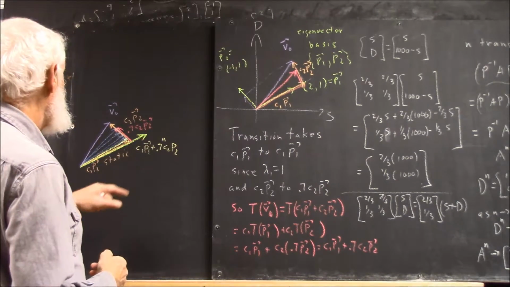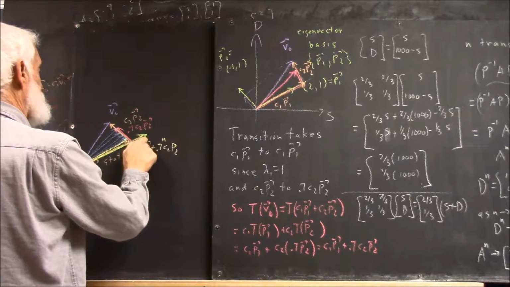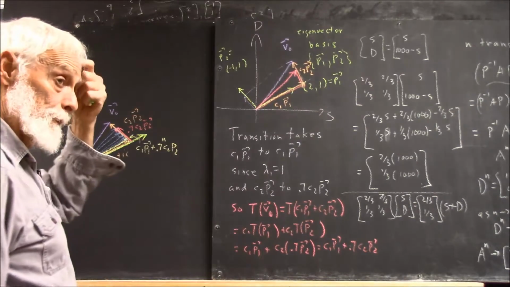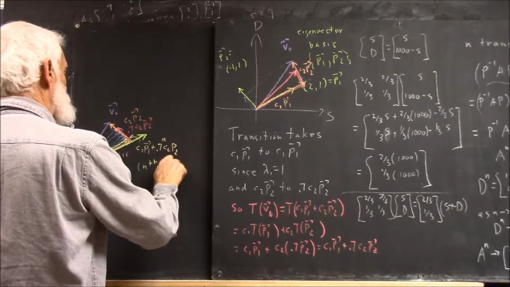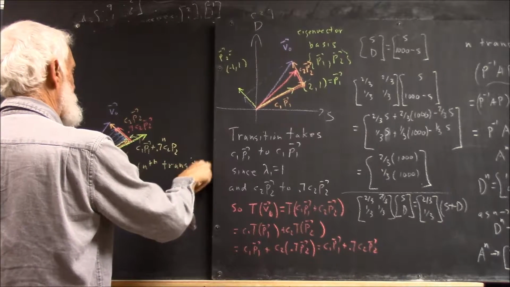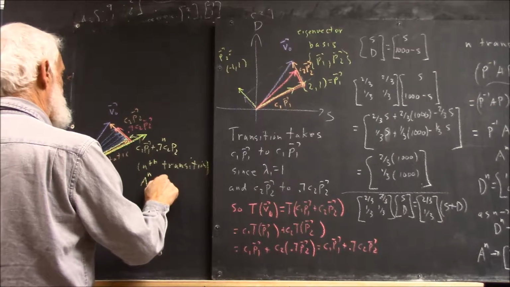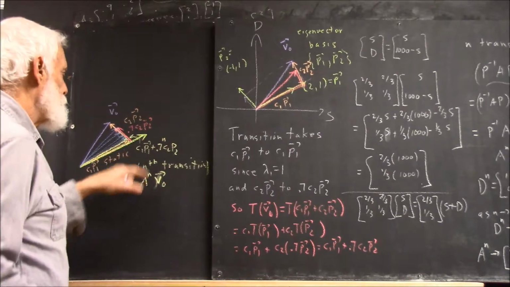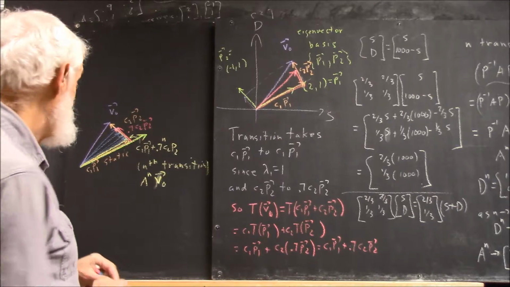Okay? Your nth vector, your nth transition, is going to give you this one. Okay? It's A to the n v naught. Okay?